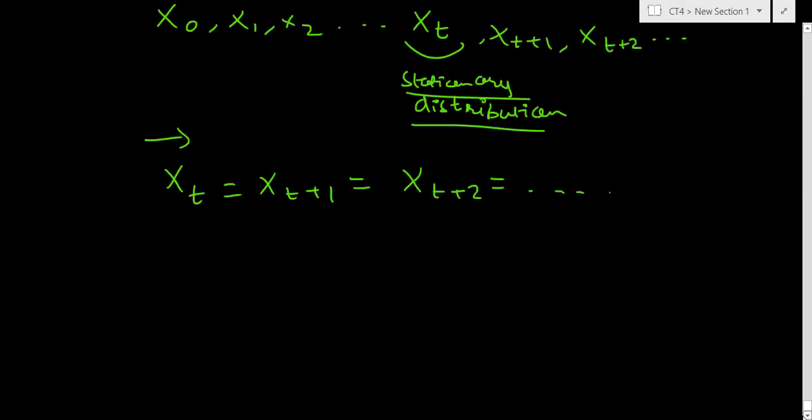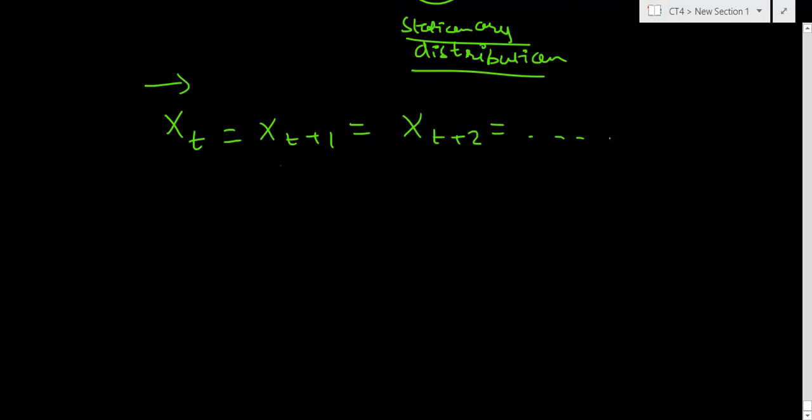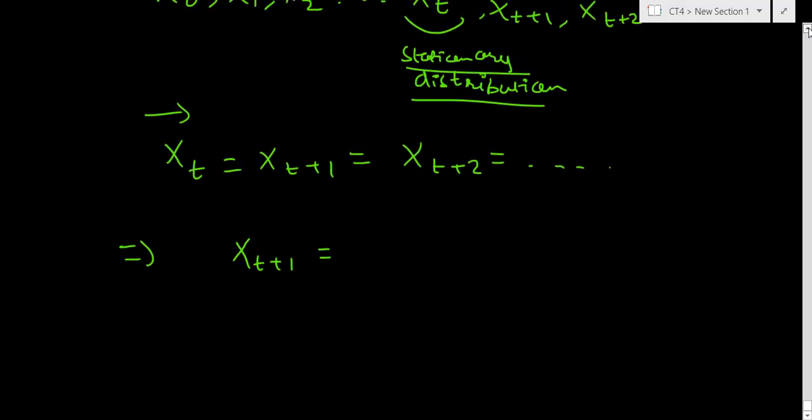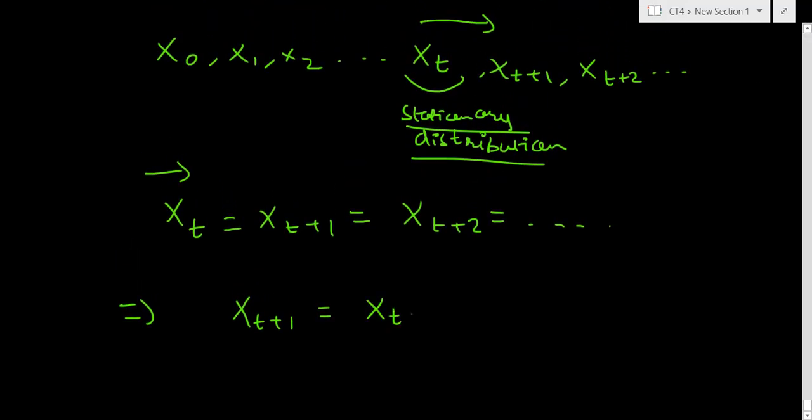So how do we go about calculating the stationary distribution of this Markov chain? For this to be true, xt plus 1 would be equal to nothing but xt into p.